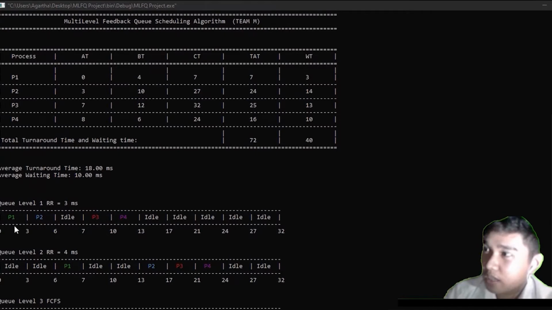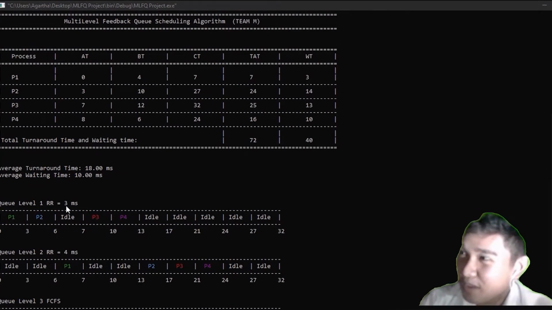So P1 ended at time 3 because of the 3 milliseconds quantum time, and P1 has burst time of 4 milliseconds. So 4 minus 3 is equal to 1. So P1 has a remaining time of 1 millisecond burst time.